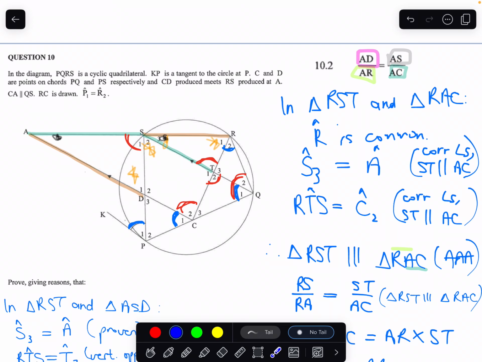And looking at the sides that we were given, AD, AR, AS, AC, it didn't feel like we're going to have any success showing that these are similar, and in fact, oh my goodness, they are similar. This wasn't necessary at all.